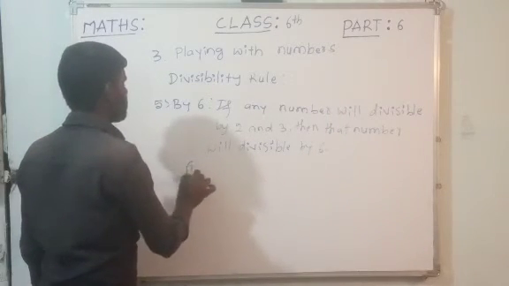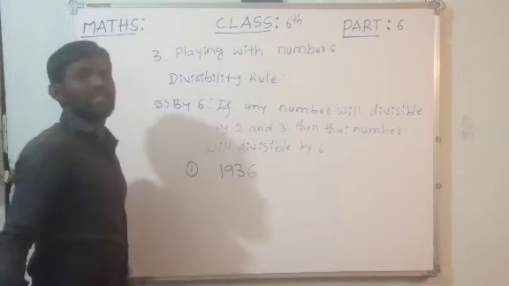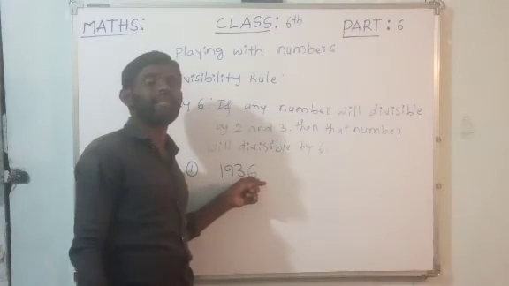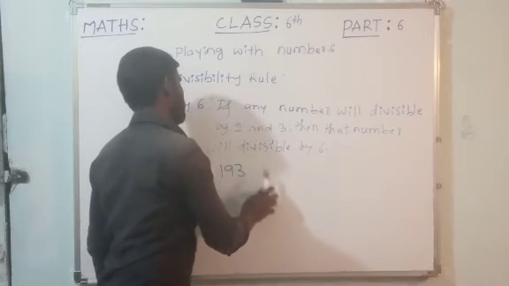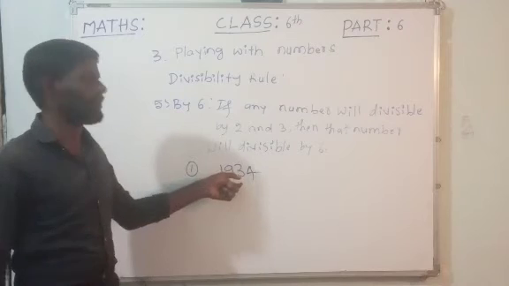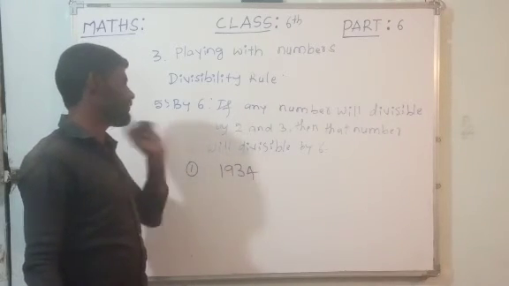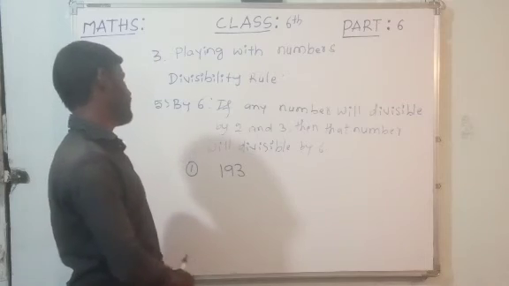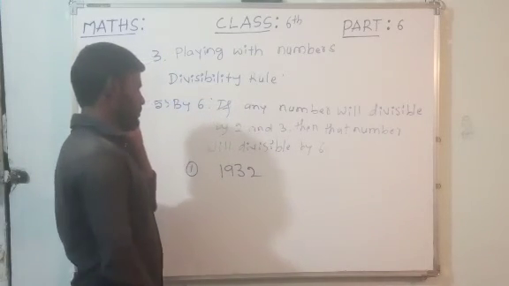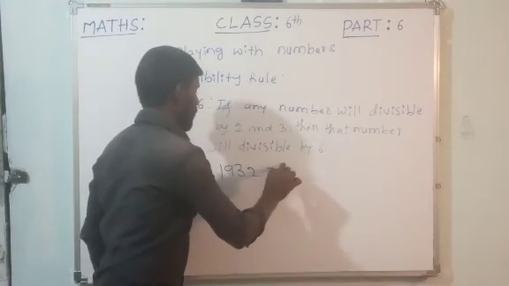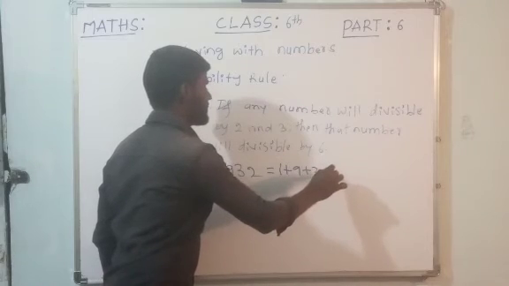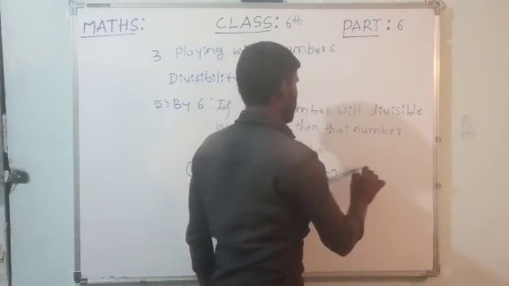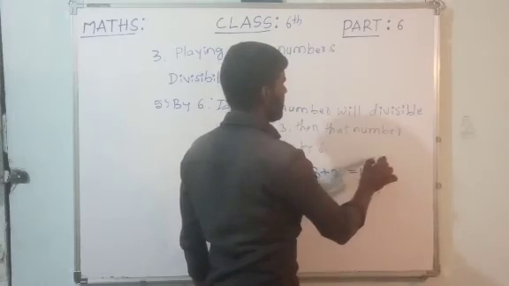See the example, dear children: 1932. Here 1 plus 9 is 10, 10 plus 3 is 13, 13 plus 2 is 15. 15 by 3: 3 fives are 15.